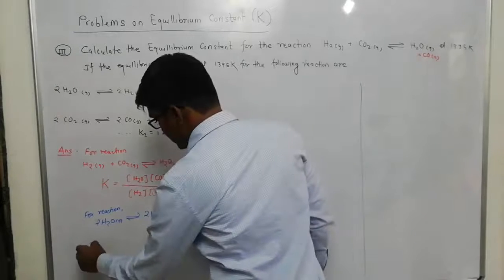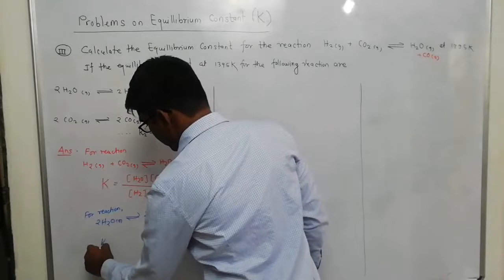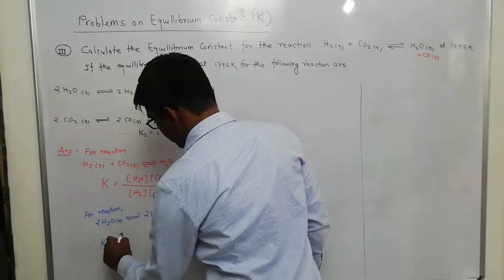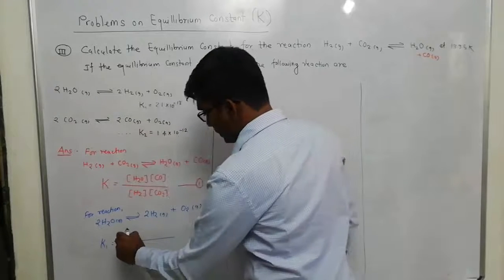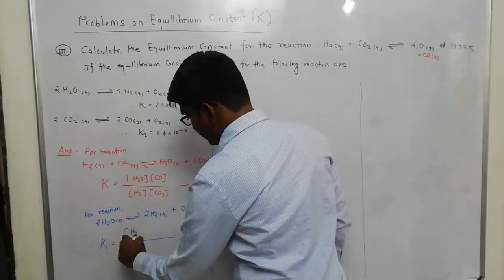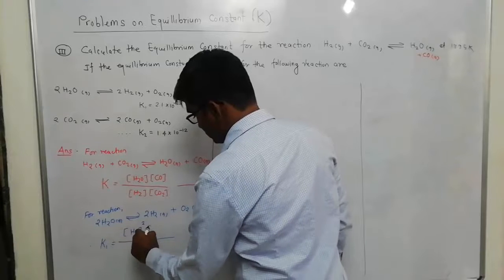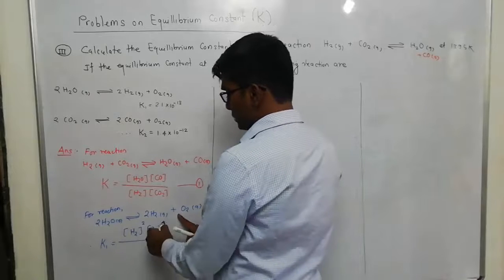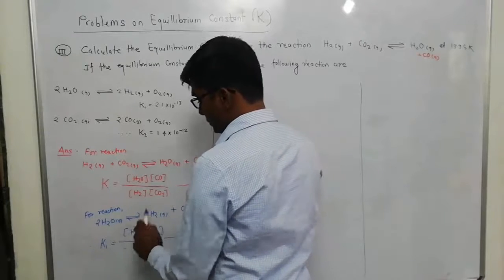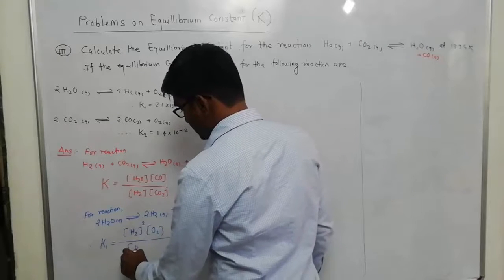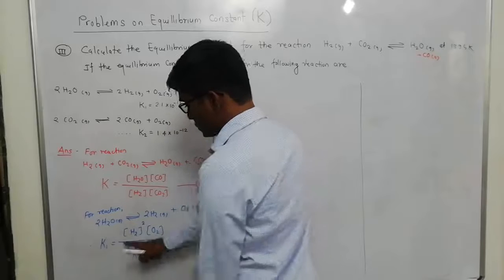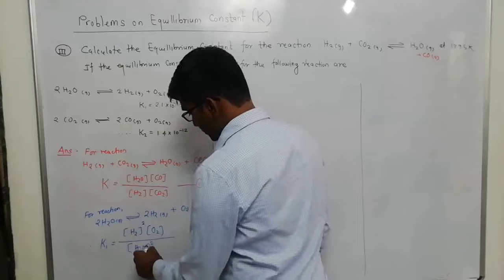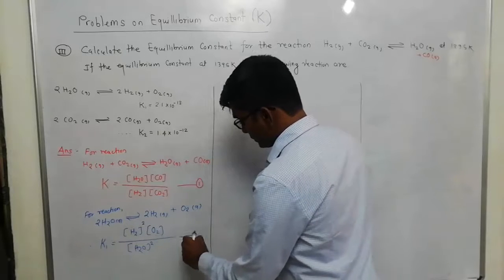The equilibrium constant, therefore, K1 is equal to concentration of product divided by concentration of the reactant. This is hydrogen squared into oxygen, stoichiometric coefficient is 1, so raised to 1, here 2, so raised to 2, divided by concentration of water, stoichiometric coefficient is 2, so raised to 2. This is equation number 2.